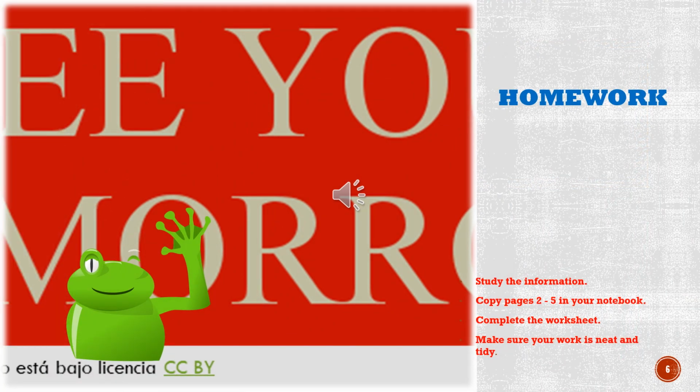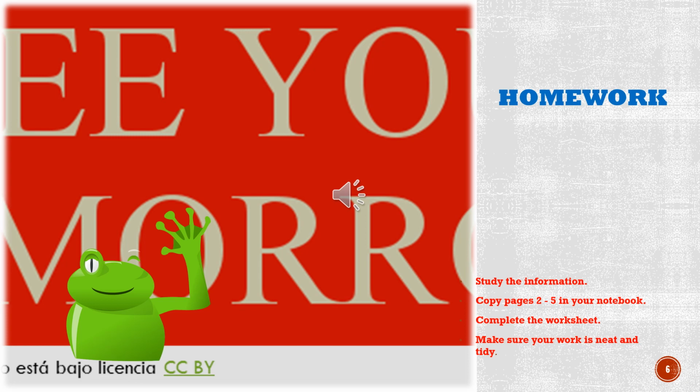Finally, we are on page number 6, and let me explain the homework for today. The first thing that you need to do is study the information. Make sure that you copy pages 2, 3, 4, and 5 in your notebook. Make sure that you know how the rules work and that you understand all of this.